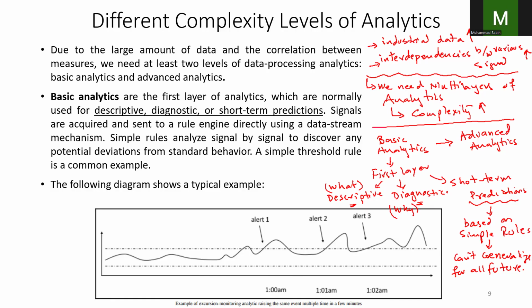We have signals which are continuously monitored, for example this signal, and we have two thresholds, a high and a low threshold. When the signal crosses a certain threshold, we have an alert at 1 a.m. Then again it crosses the threshold after 1 minute, and then after 2 minutes.